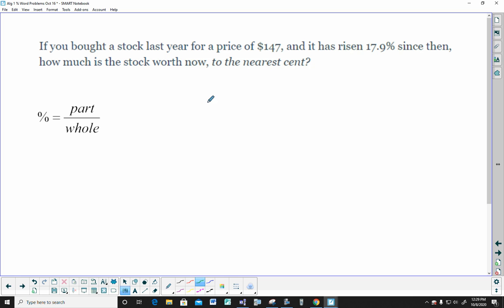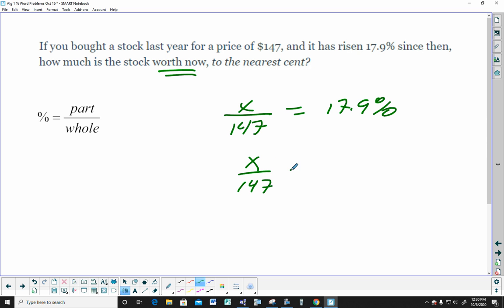Okay, if you bought stock last year at a price of $147 and it's risen 17.9%, how much is the stock worth now? Okay. So $147 is the total. The part you don't know. The percent is 17.9%. So x over 147 is equal to 0.179.